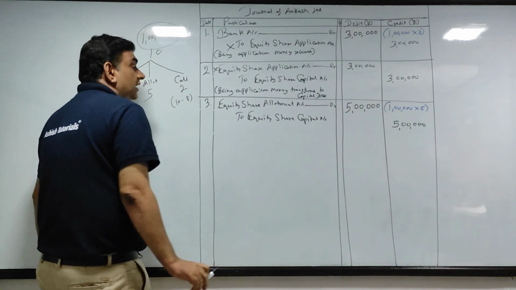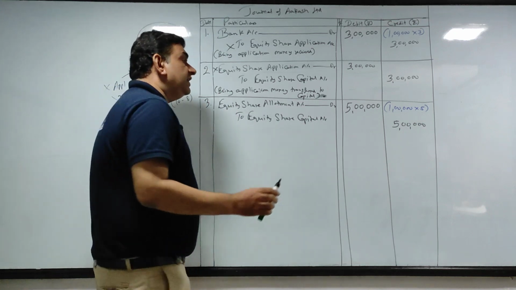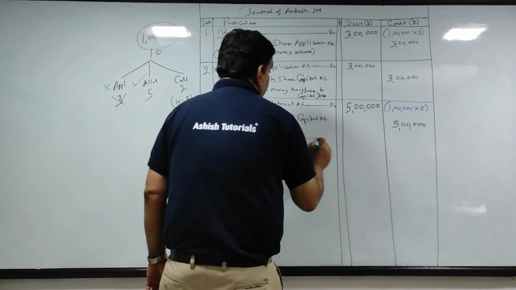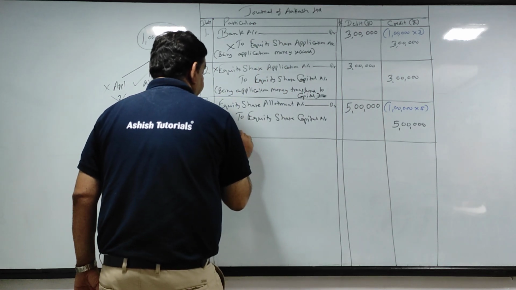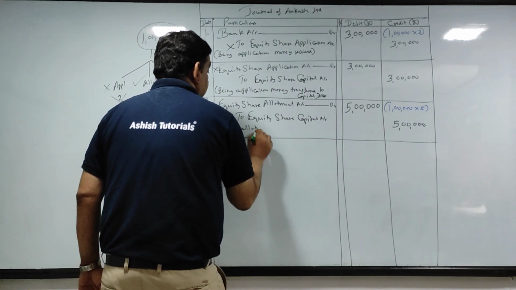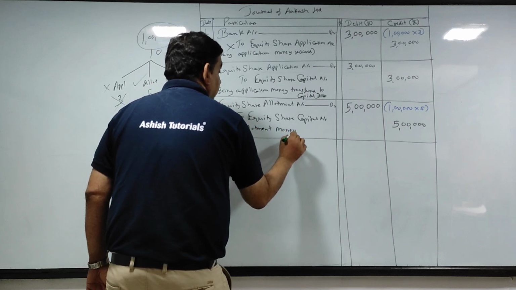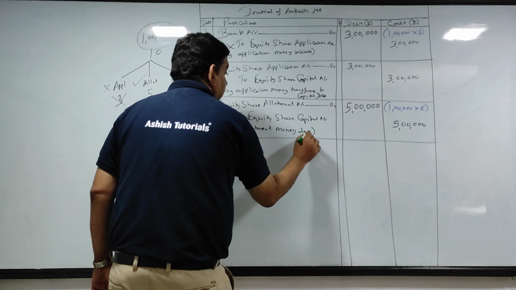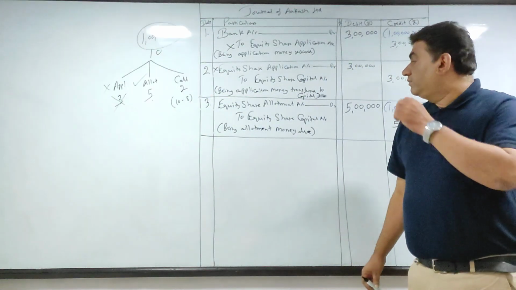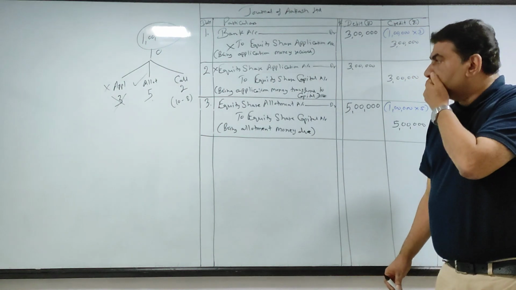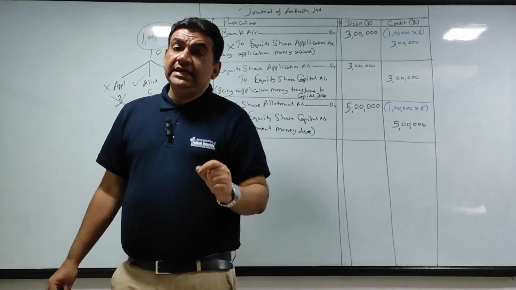So, my next entry equity share allotment account debit 5 lakhs to equity share capital account 5 lakhs. Let me write a narration. I'll again give you the brush up. Being allotment money due. Got it? Being allotment money due.